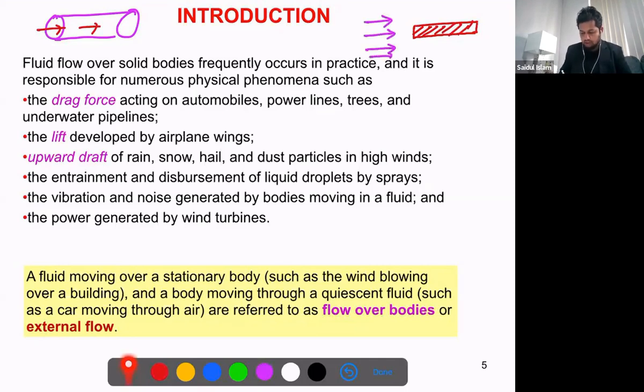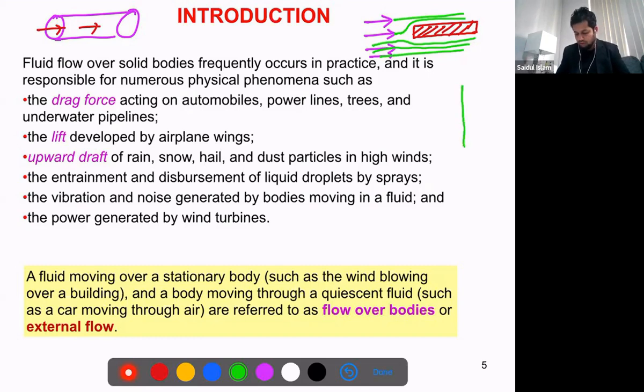So we can say it is parallel to the flow direction. Like this is the plate and the flow is going this way. So in a general sense, we know it will be kind of like this. The flow will go like this because it is the flow over a parallel flat plate.